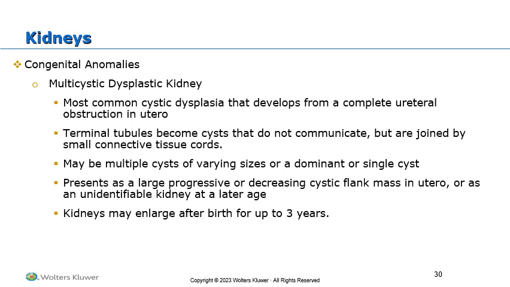If we look at a subcategory of that, the overall multicystic dysplastic kidney, the most common cystic dysplasia is going to develop from complete urethral obstruction in utero, where there probably was nothing wrong with the kidney, but because of urethral obstruction, it backed up and increased the pressure in those kidneys.